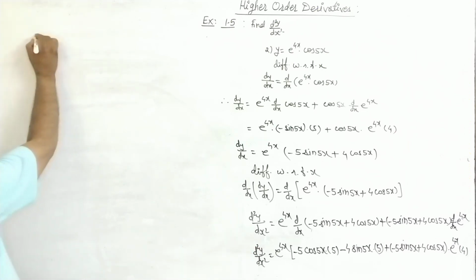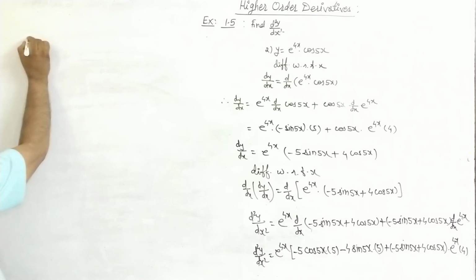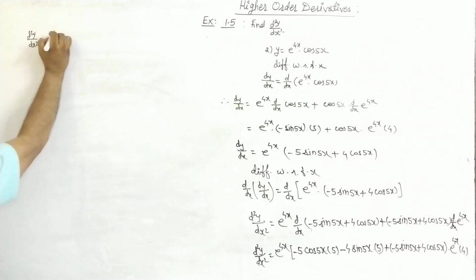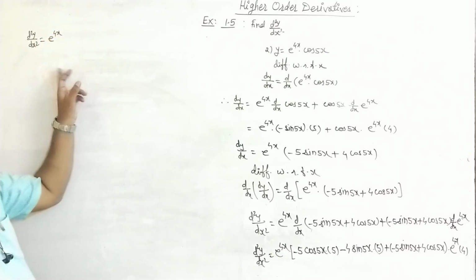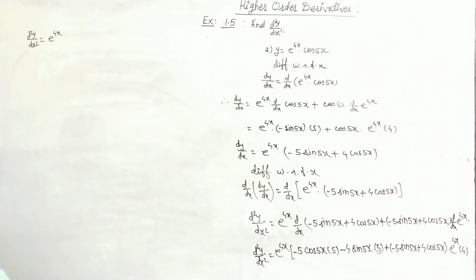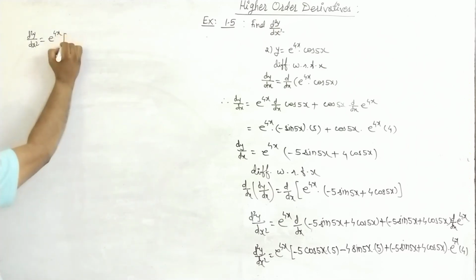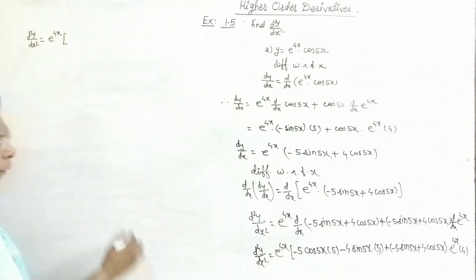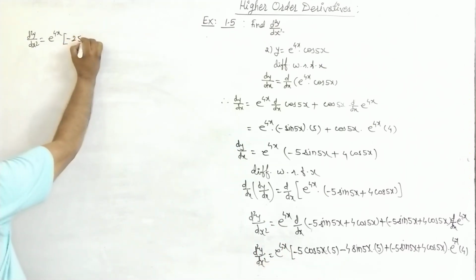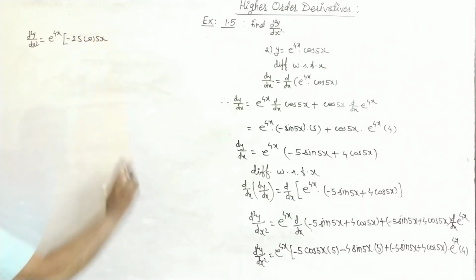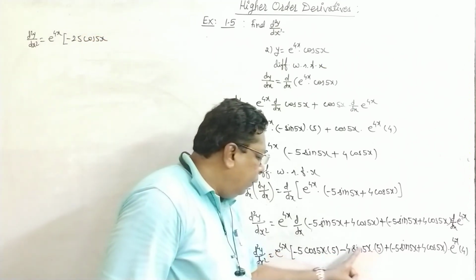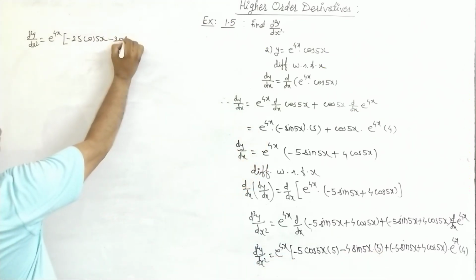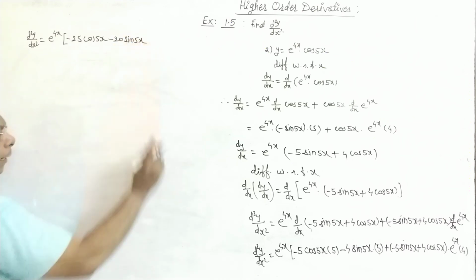So this d square y by dx square is equal to e raised to 4x common. Okay, now e raised to 4x common, simplify this. Now minus 5 into 5. So it is minus 25 cos phi x. 5 into minus 4, minus 20 sin phi x.